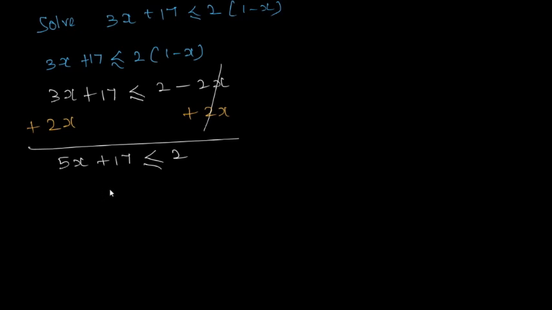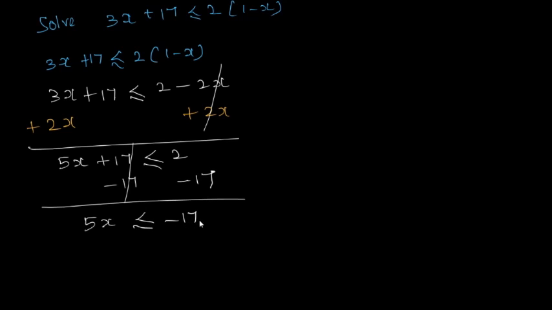We can add minus 17 on both sides. So this can be struck out. Now we have 5x is less than or equal to minus 17 plus 2, that is minus 15.